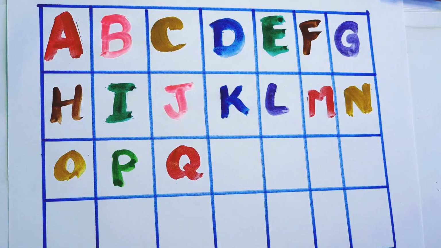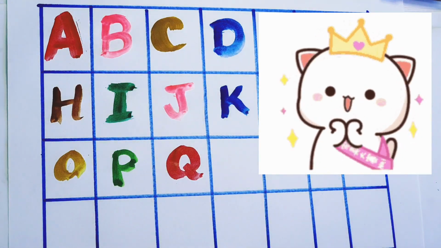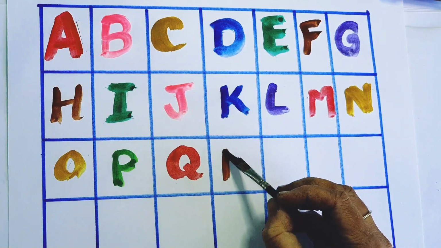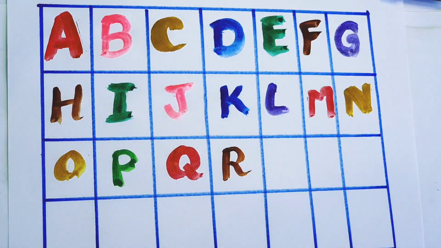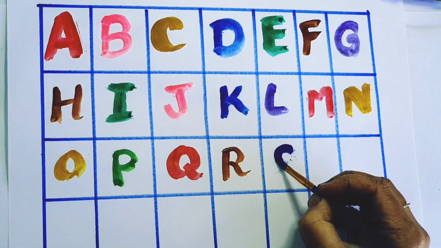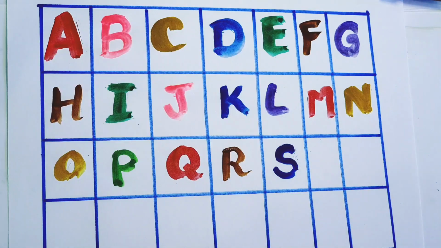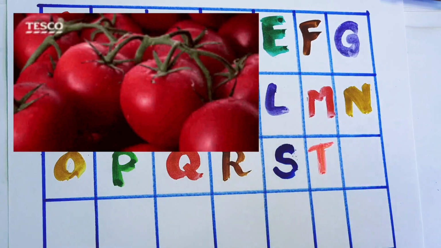Q. Q for queen. Brown color. R. R for ring. Blue color. S. S for star. Pink color. T. T for tomato.